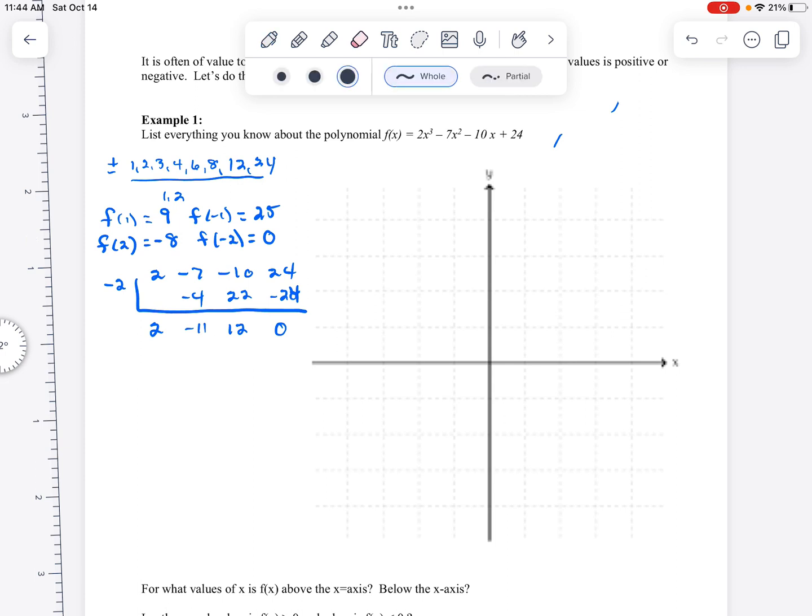So I can factor my cubic into x plus 2 times 2x squared minus 11x plus 12. I'm going to try to factor that. What do I need? 11 in the middle? I kind of wrote that messy.